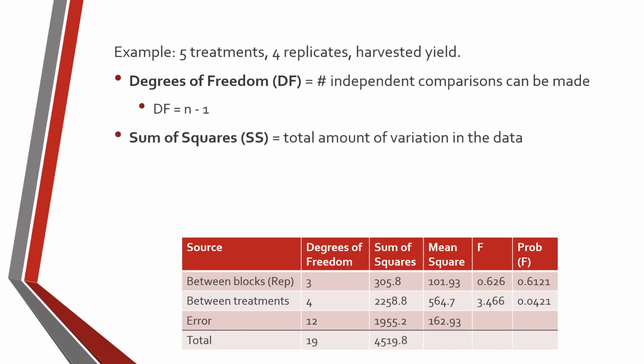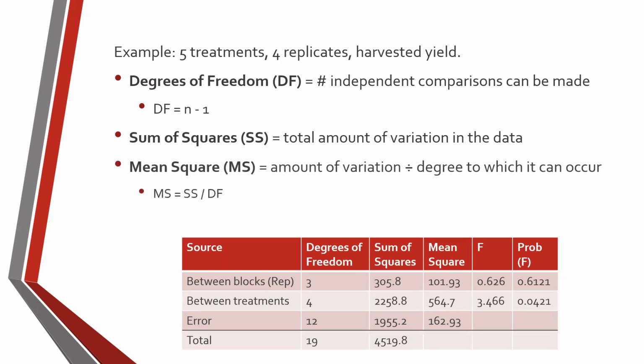The next calculation is the sum of squares. That represents the amount of variation in the data. And of course, we're splitting that up into each source that is listed in the table. The mean square is the sum of squares divided by degrees of freedom.